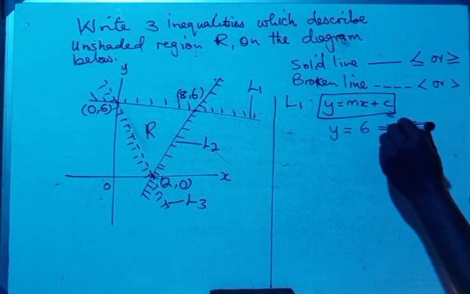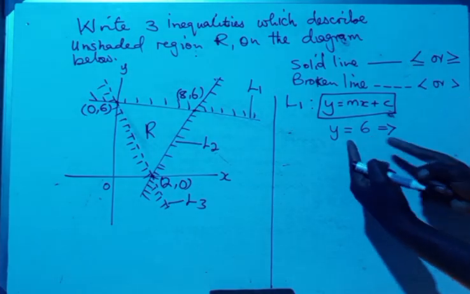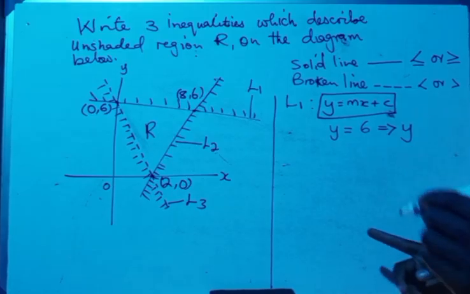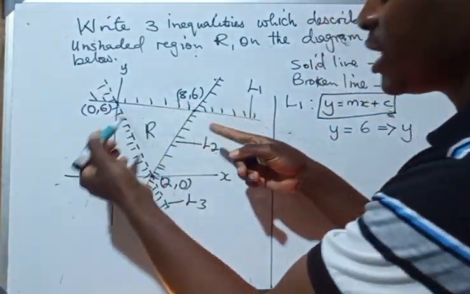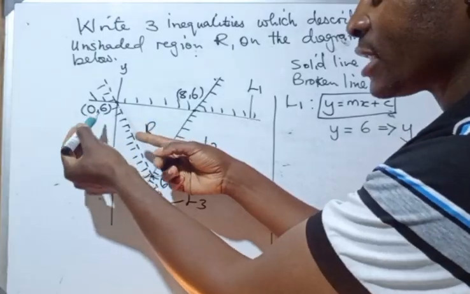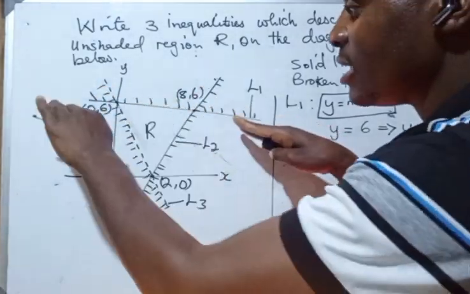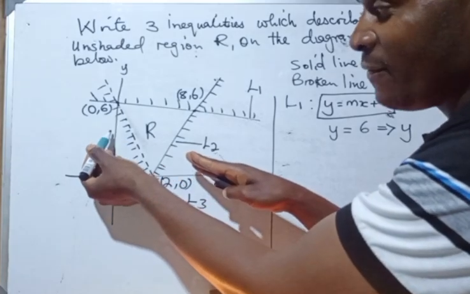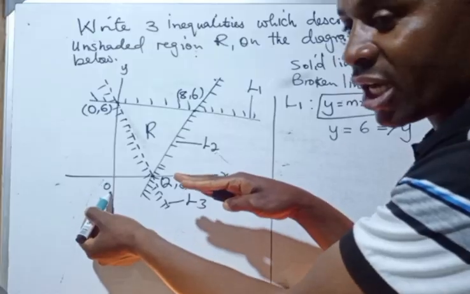Now, what is this under linear programming? By using these symbols instead of equals, we shall identify the region. Look at this line. Where is it crossing the y-axis? It is on 6. Where is the region? It is at the bottom of this line, where we have 5, 4, 3, 2, 1, 0, -1.